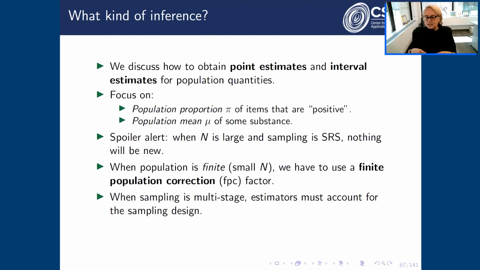So contains drugs, doesn't contain drugs, is a fraudulent operation, is not a fraudulent operation. Sometimes we have more than two categories, and it's pretty similar to the case where we have two categories. But in this case, I'm going to talk about items that are positive, and by that, I mean exhibit the attribute that I'm thinking about, and items that are not positive. In other words, they don't have the attribute we're talking about.